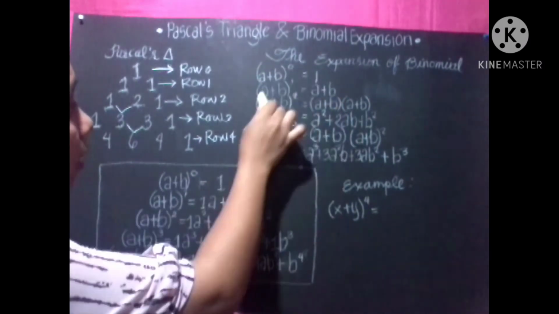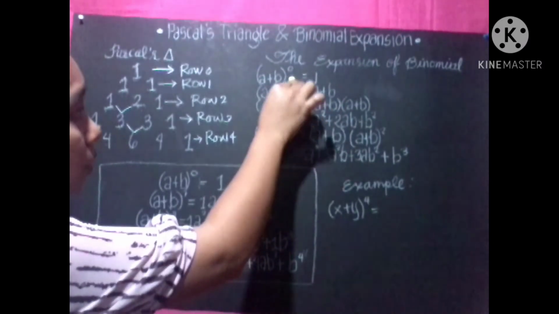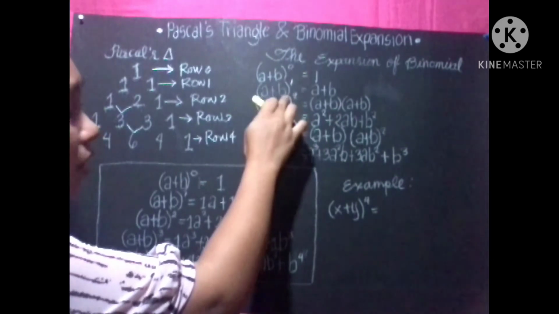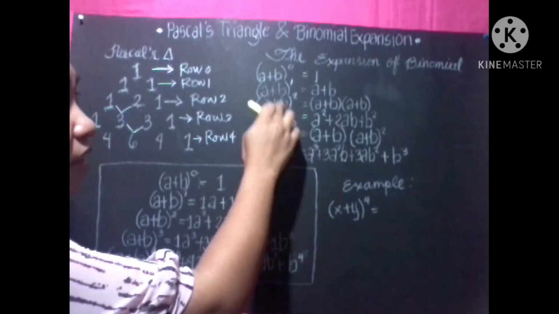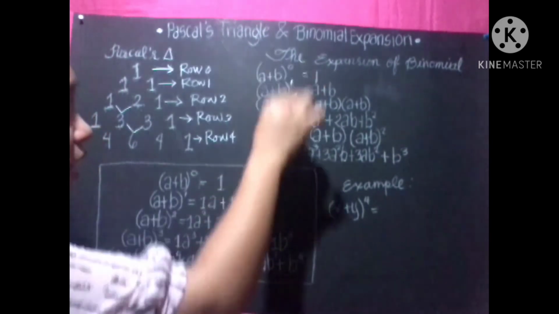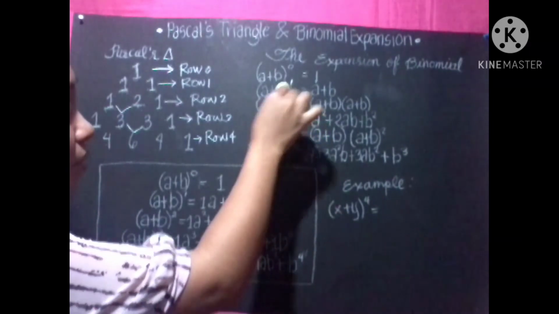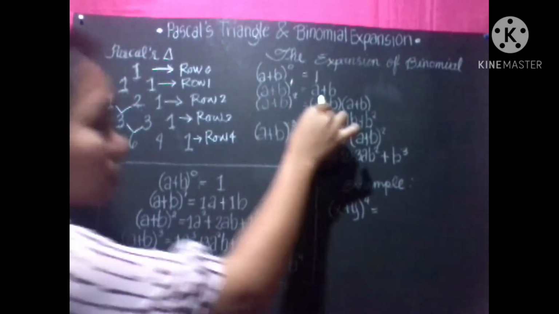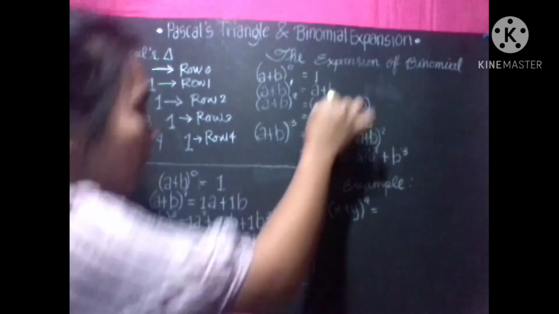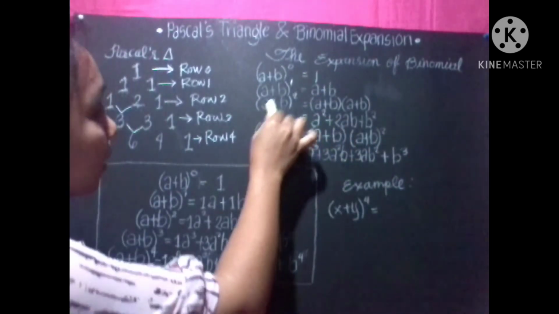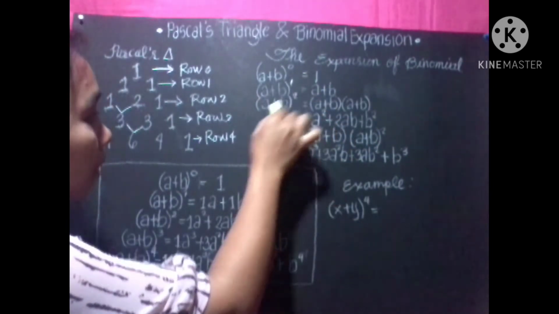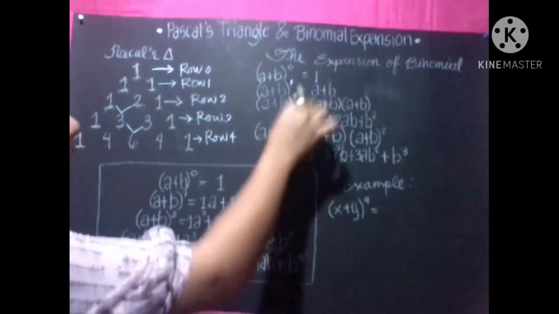So the answer is 1. Then a plus b raised to 1 means it multiplies itself once, so it is just a plus b.